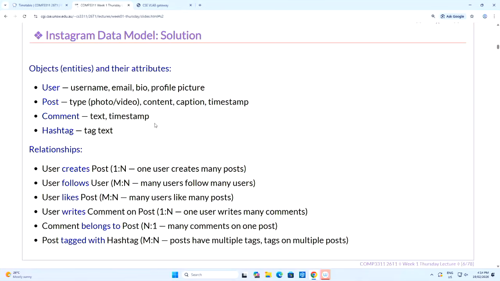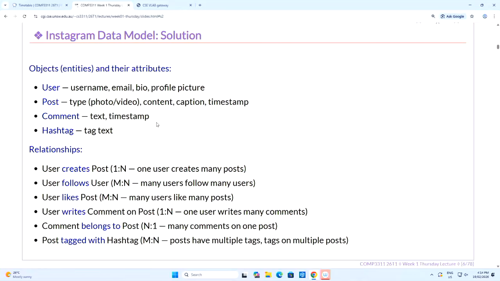Here we can assume that in our database, a user creates posts. And we can assume that a user can create more than one post, which is basically the world we live in. And a post can only be created by one user. So in this case, we're imposing the constraint that a post can only be created by one user.